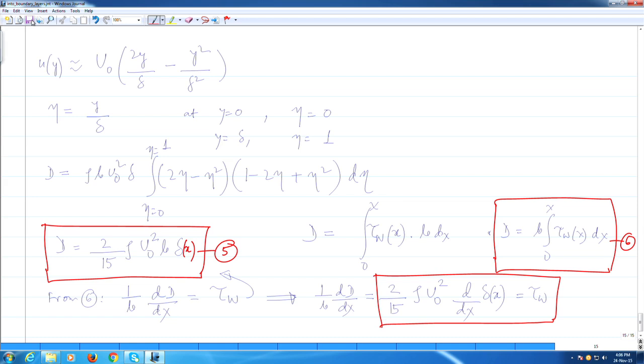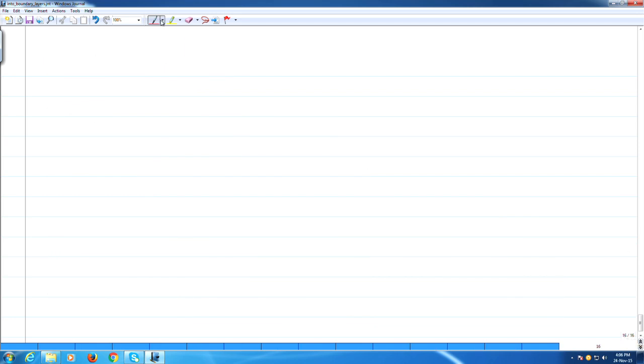Now, there is something else also. There is also the fact that tau w is equal to nu del u del y, that is from the expression, and del u del y if I do it at y is equal to 0.